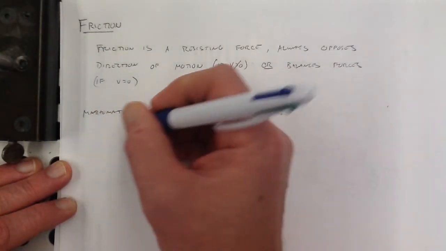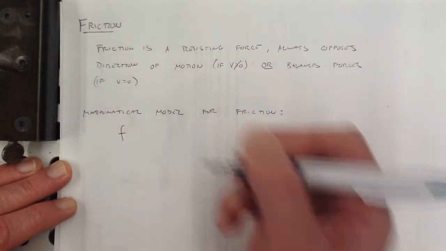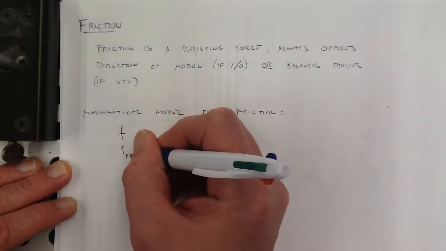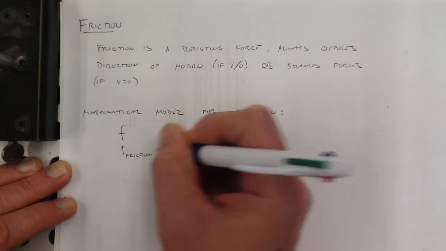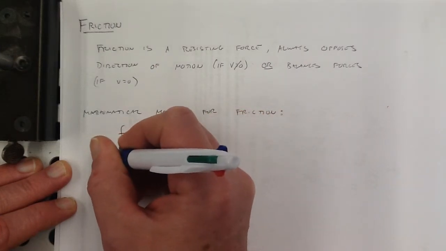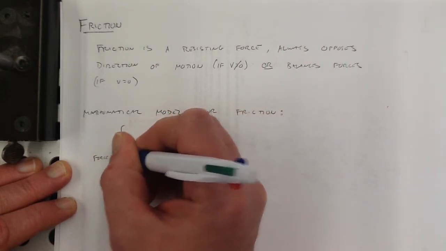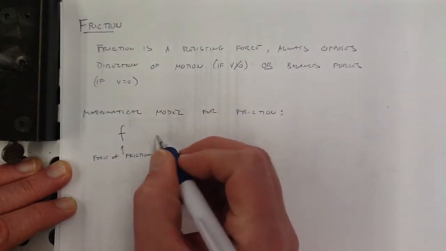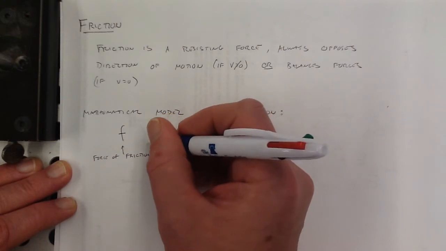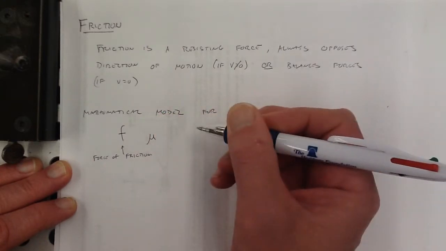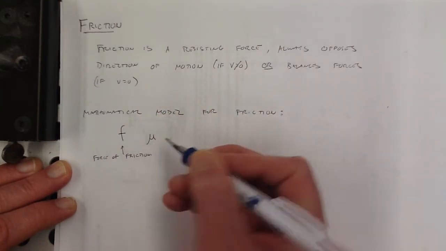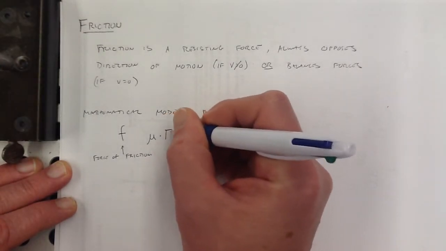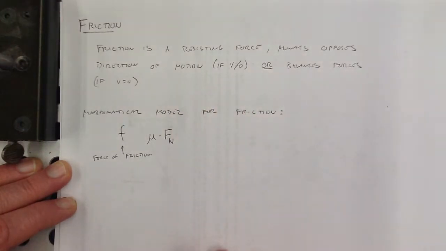So we're going to write that like lowercase f for friction. That's the, let's say, force of friction is, I'm going to leave this blank for a second here. It's directly proportional to some coefficient of friction. This is the coefficient of friction, more about that in a second, times the normal force.